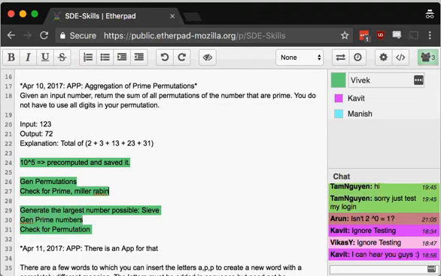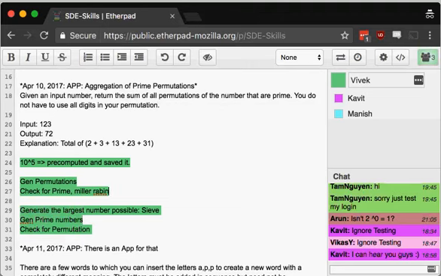So you can use the sieve, generate first and then check for the permutation afterwards, and that kind of works. I did the other way around, generating the permutations first and then checking whether it's prime or not.